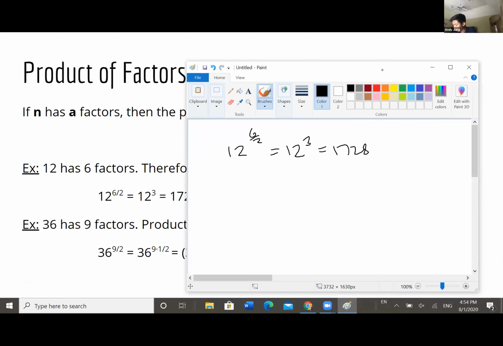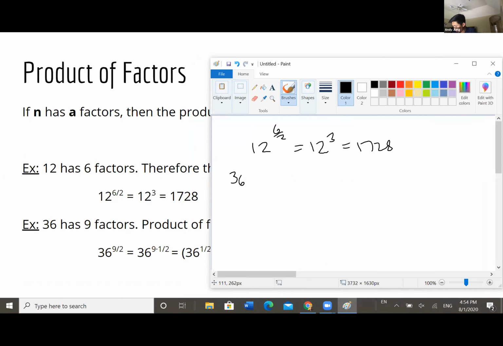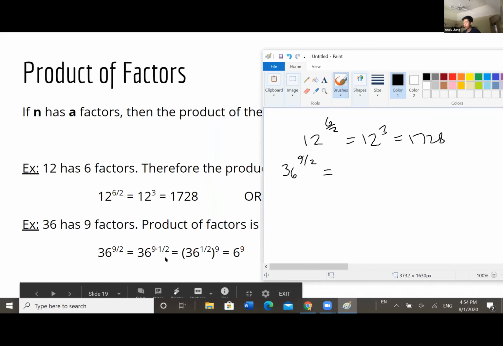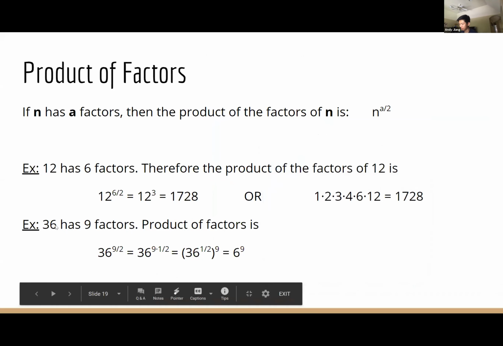So what do we do then? 36 has 9 factors, but our formula is 36 to the 9 over 2. We can write this as 36 to the 9 times 1/2, or 36 to the 1/2 whole thing to the 9th, and that's just 6 to the 9th. So of course it has to work for all numbers, so it can't just not work for perfect squares.